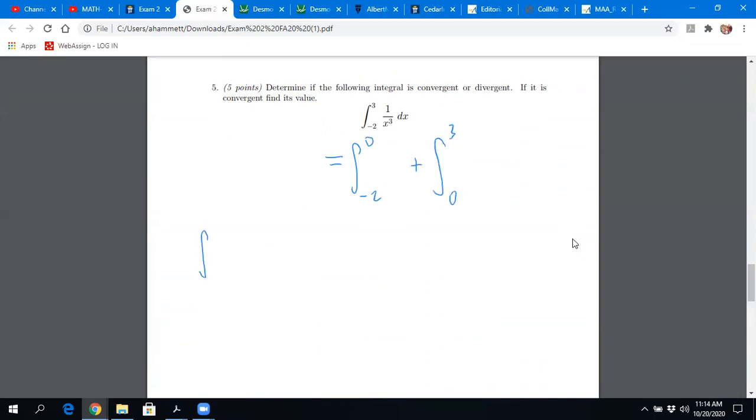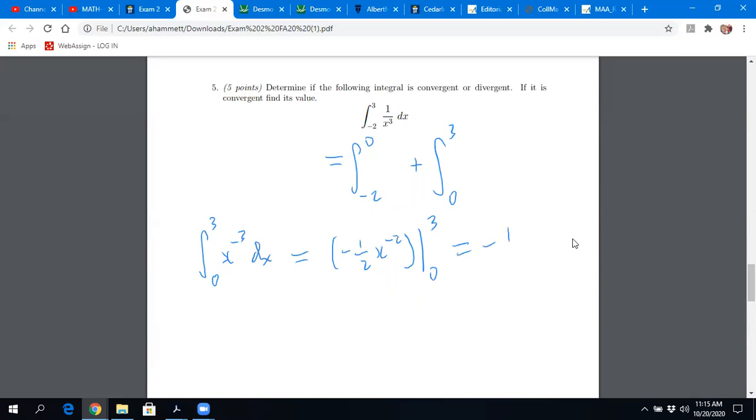And if you just look at, for instance, the integral from 0 to 3, and let's just write this as x to the minus 3 dx, then you realize, and by the way, at the lower endpoint 0, you would take the limit as a goes to 0 from the right or something, yes? But the antiderivative of this thing is -1/2 x to the -2 evaluated between 0 and 3.